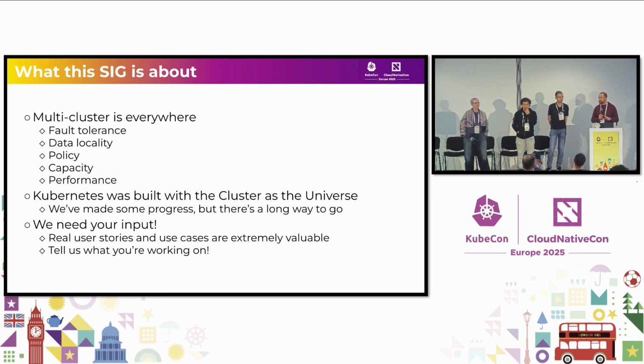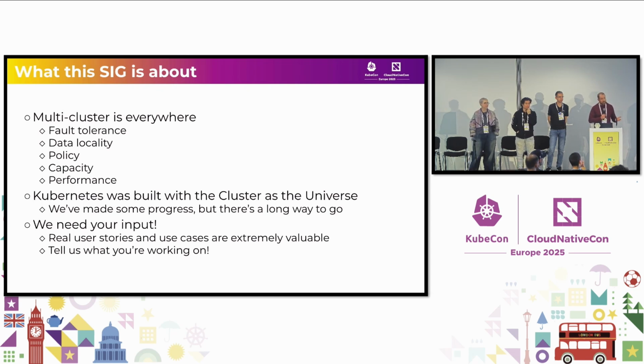These drive you to need more than one cluster for your workloads. But more than ever, especially with the AI boom we're seeing right now and this increasing utilization of scarce capacity, we're seeing the need to do things like capacity chasing and running workloads that are just finding the hardware wherever they can. And multi-cluster is the best way to do that in Kubernetes.